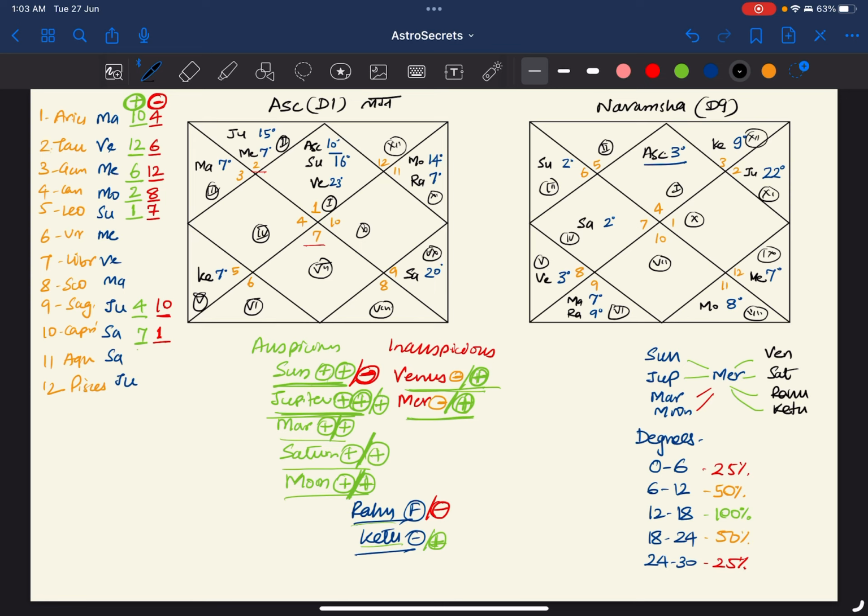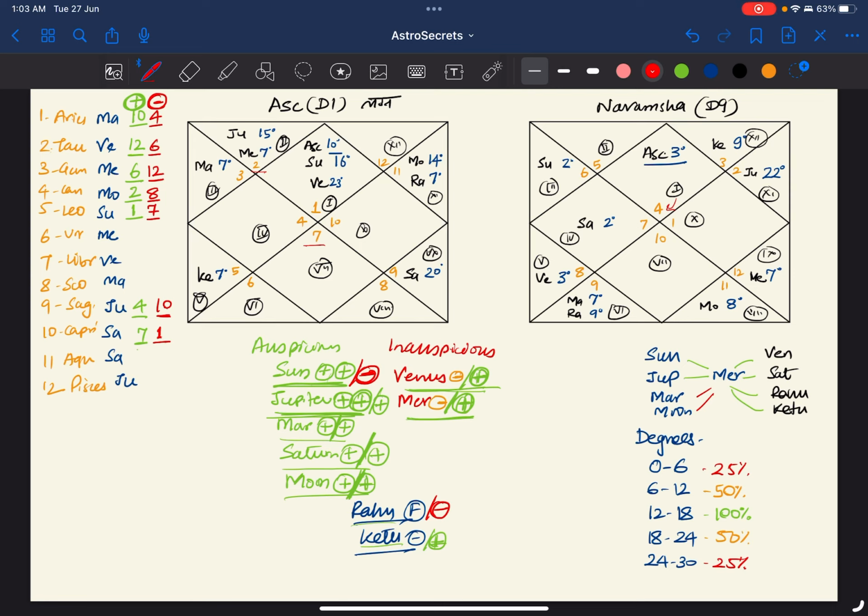So houses are fixed, signs are changing. The D1 chart has its own sign in every house, so the first house has the first sign, the second house has the second sign. If you take a look at the D9 chart, it differs a little bit. The first house has the fourth sign, the second house has the fifth sign, then the sixth sign, 7, 8, 9, likewise.